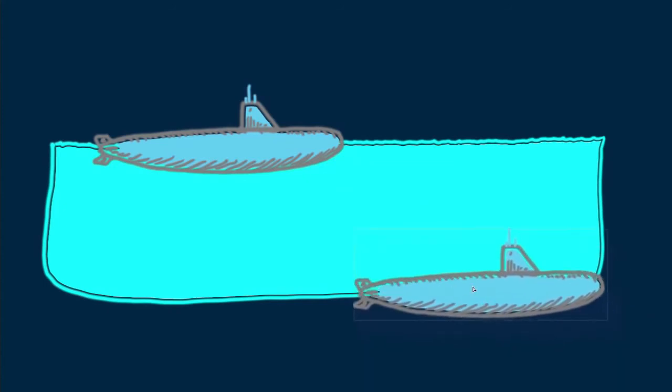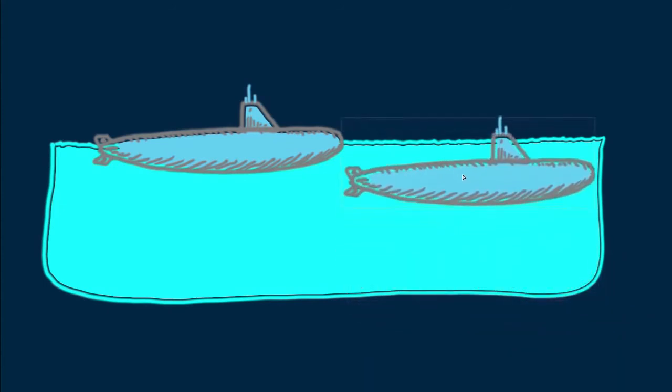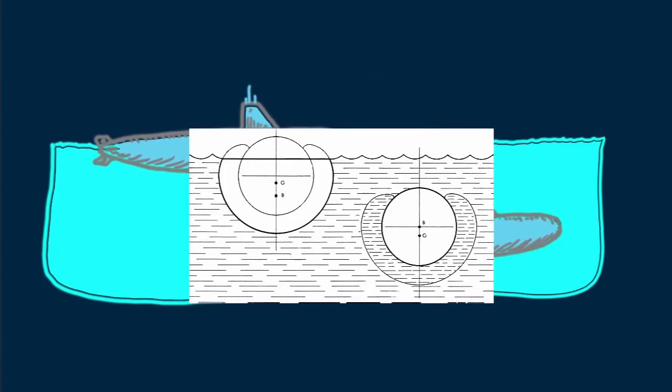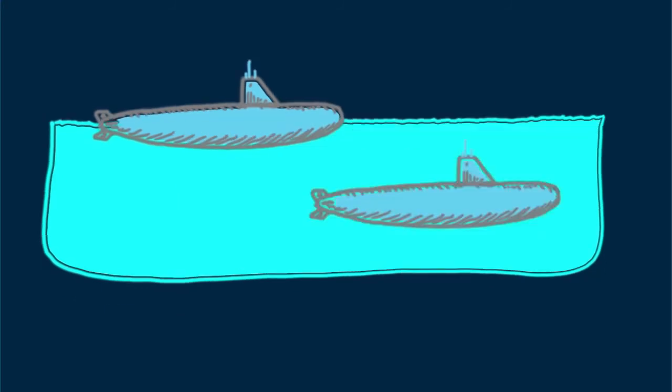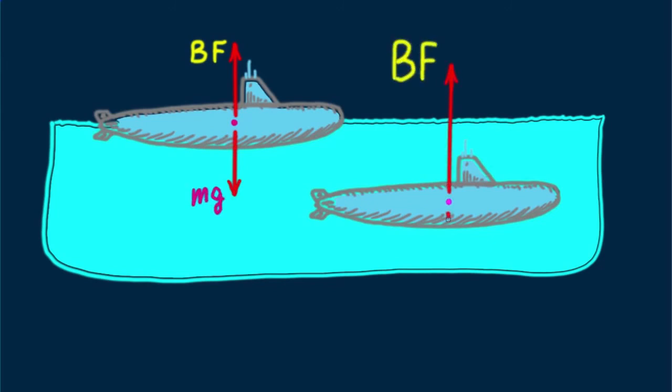For a submarine to ascend to the surface of the water, it employs compressed air that blows water out of the ballast tank. The submarine becomes lighter, and the buoyancy force is now greater than its weight, which pushes it to the surface of the water. Whether in equilibrium at the surface or beneath the surface, the net force on the submarine is zero.